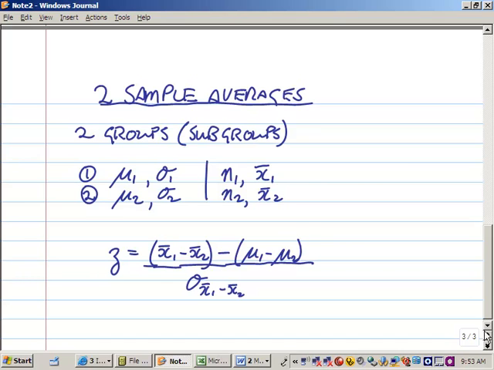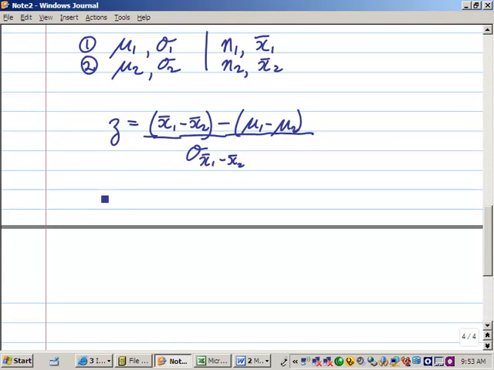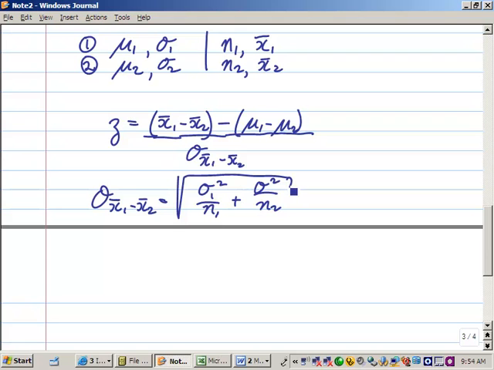The standard deviation, sigma sub x bar 1 minus x bar 2, remember this x bar 1 minus x bar 2 is a subscript, is the square root of sigma 1 squared on n1 plus sigma 2 squared on n2.